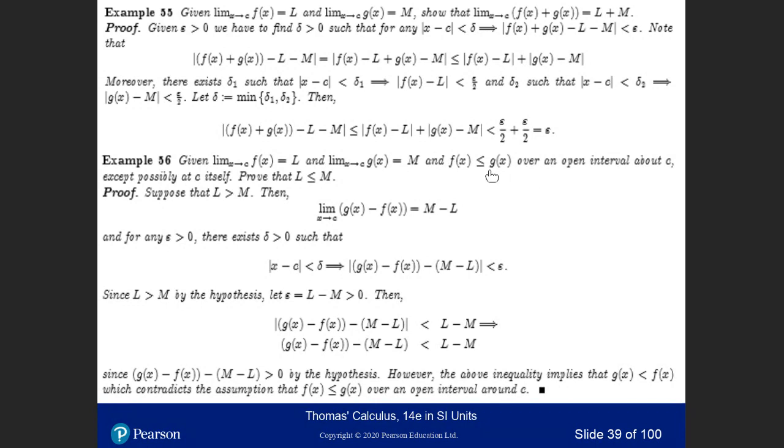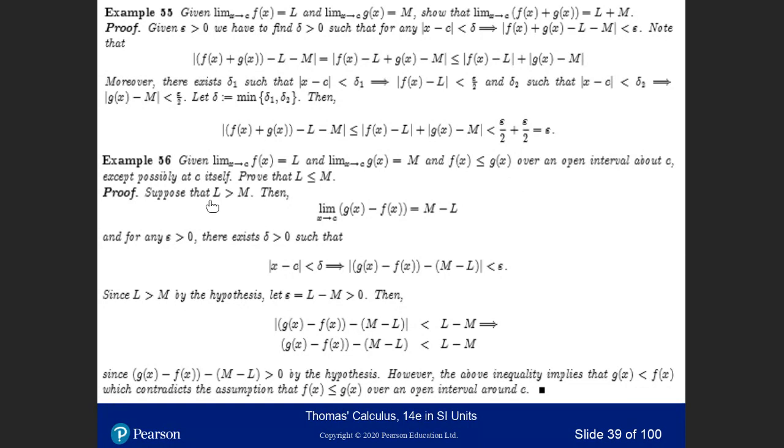I don't care about it. Now, we have to prove that L is less than or equal to M. That means if f of x is less than or equal to g of x, then M is greater than or equal to L. Let's prove this.